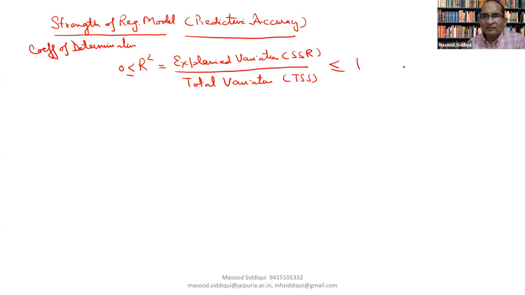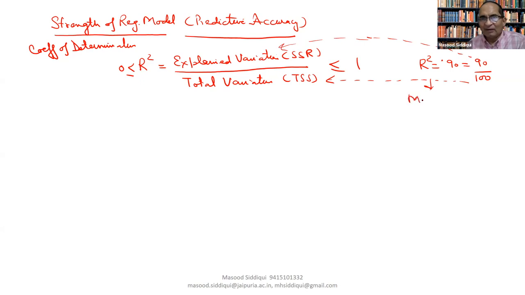Now we discuss some values of R square. Suppose R square comes out to be 0.90. So 0.90 can be written as 90 upon 100. If the total variation is 100, then out of the total variation, the explained variation is 90%.